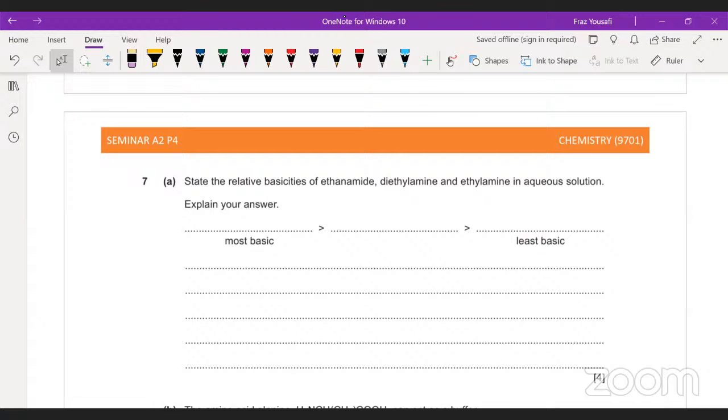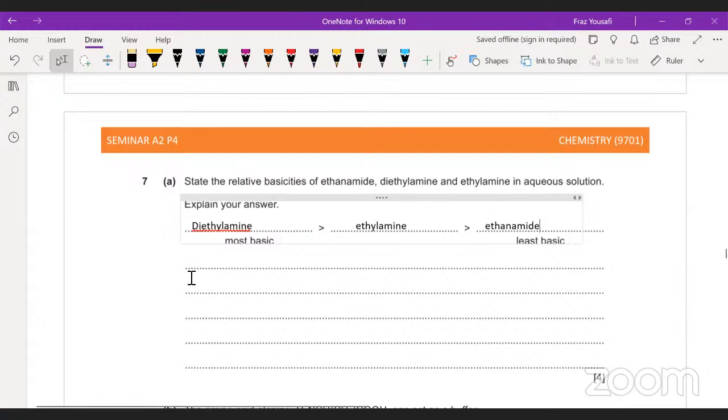Now, the most basic of these molecules will be the diethylamine. Then will come your ethylamine. And the least will be your ethanamide.